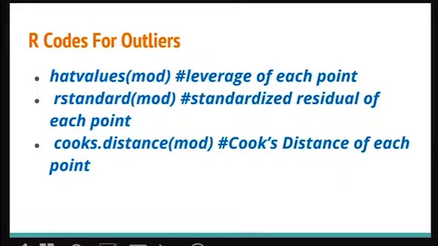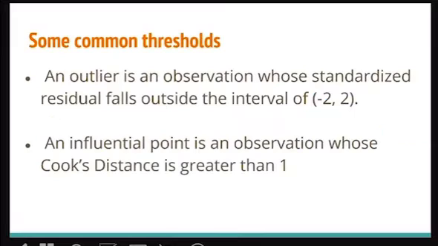And of course, we got several ways of investigating for outliers. We can make use of the hat values, standardized residual, and the Cook's distance. But I'm going to say Cook's distance is very, very popular. But we can still use the standardized one.